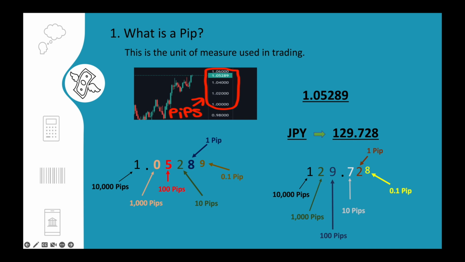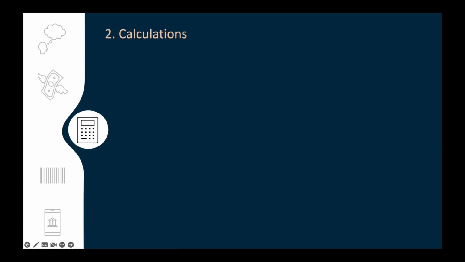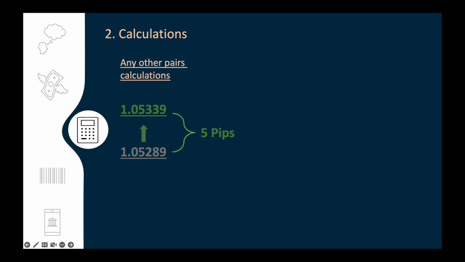Now let's go to our next slide. Calculations. How do you calculate these pips? Well, for any other pair, this is how the calculation is done. So if I have a price of 1.05289, and if this price was to go higher to 1.05339, that price would have said to have gone 5 pips above price.